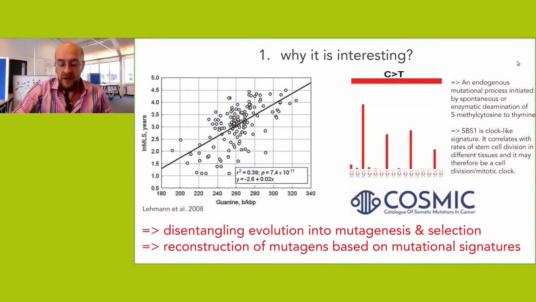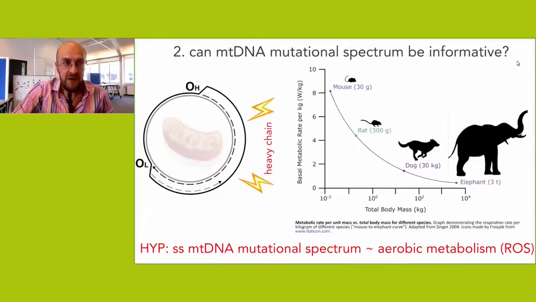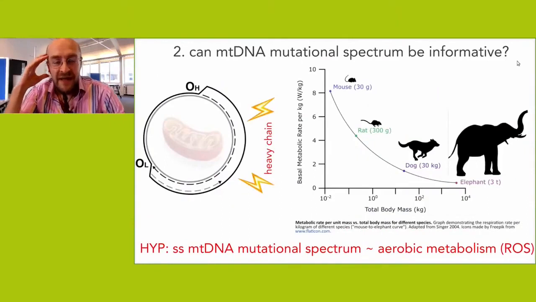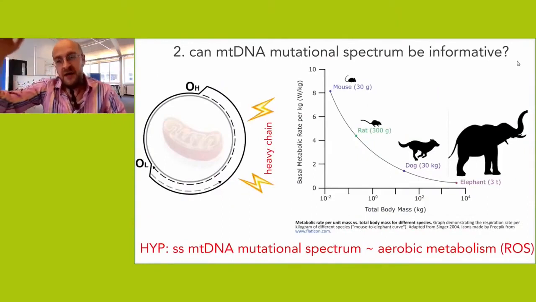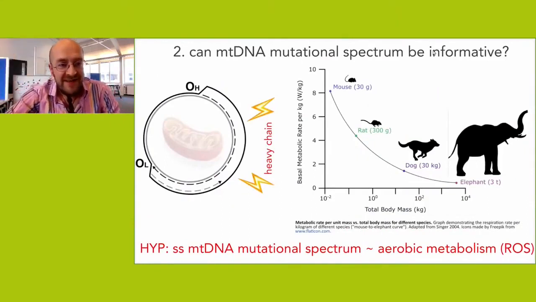Okay, now let's come to mitochondria. From a bird's-eye point of view, what can be interesting in the mitochondrial genome? Everybody knows that mitochondria is a source of reactive oxygen species, and it's a very important organelle for aerobic metabolism.